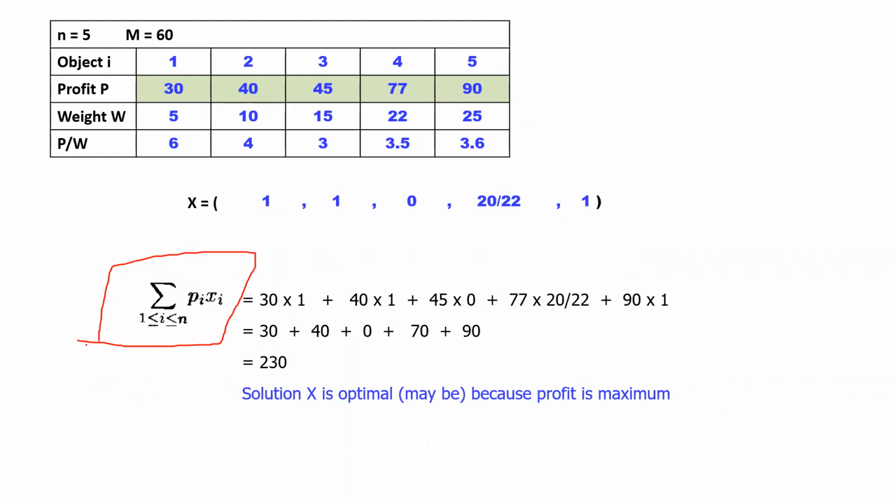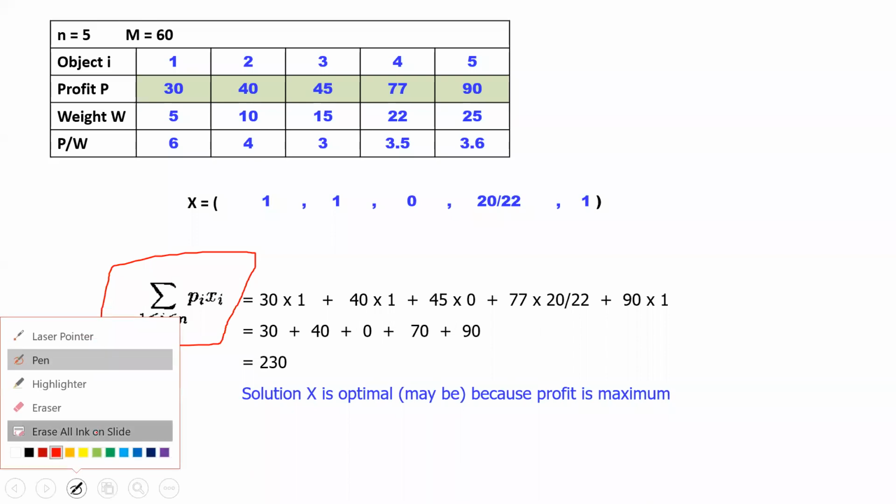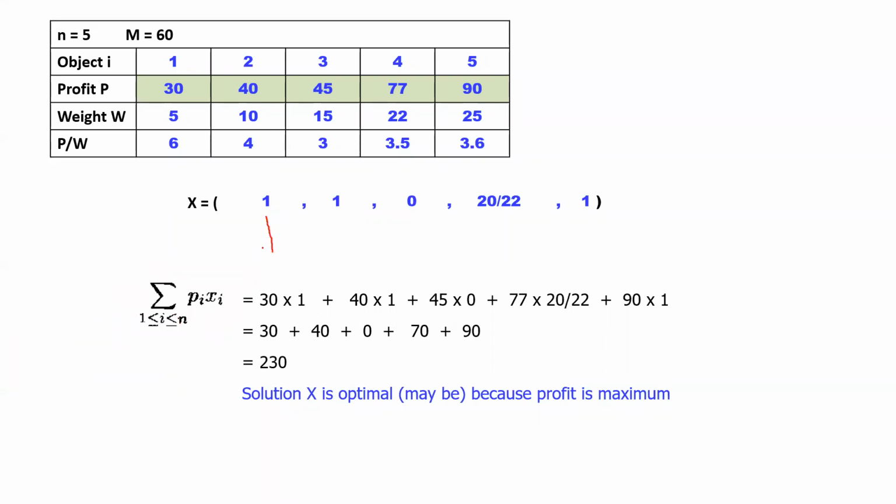The sum of products of profits and items. Now, how to calculate this? This is P1 X1, the profit of item 1 and the status of item 1, plus the profit of item 2, P2, and its status X2, whether it is fully filled into the bag or partially filled.